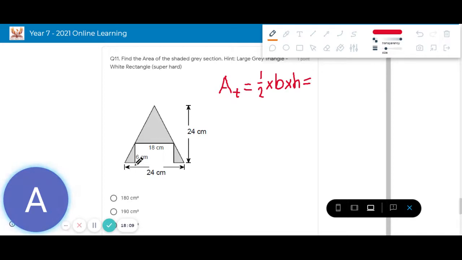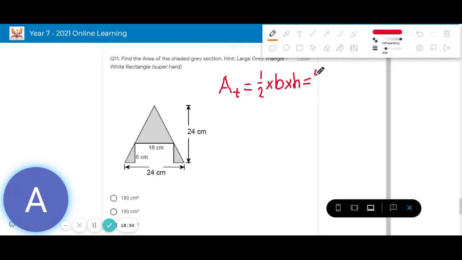Now for this triangle here, I can see that the base is 24 centimetres, that's my bottom side here, and the height, well, the height is 24 centimetres, and this height is perpendicular to my base because the base is a horizontal line and the height is a vertical line. So yes, it's perpendicular, so it's my perpendicular height.